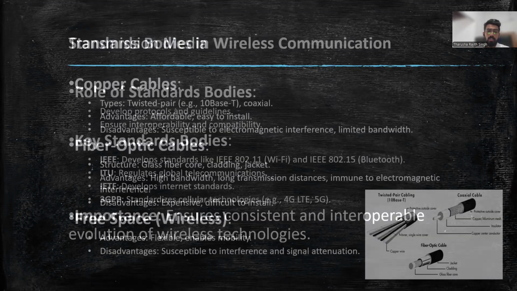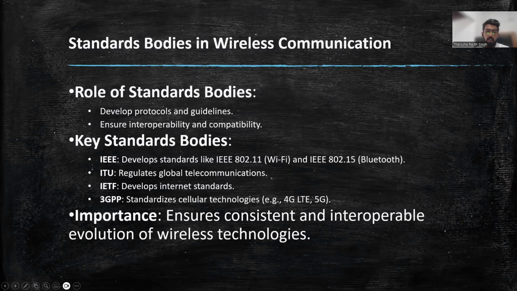Okay, now let's move on to the standards bodies. These organizations play a crucial role in developing and standardizing technologies to ensure that devices and systems can work together seamlessly.